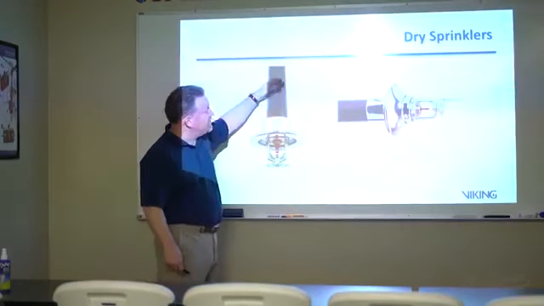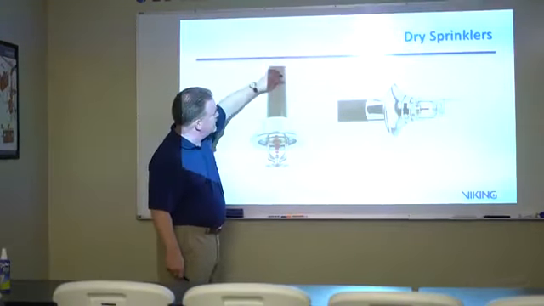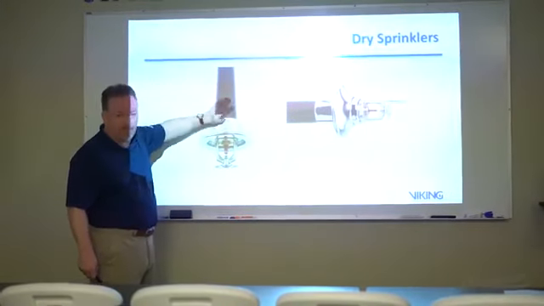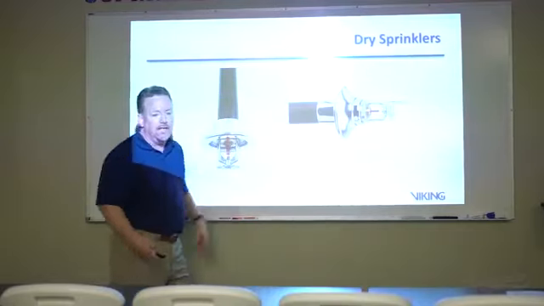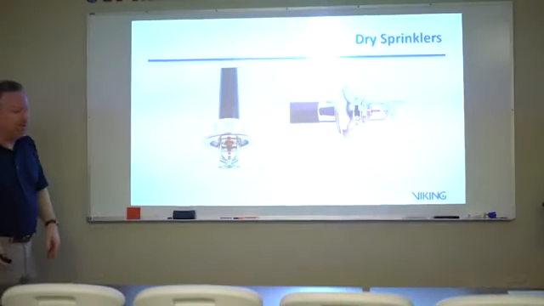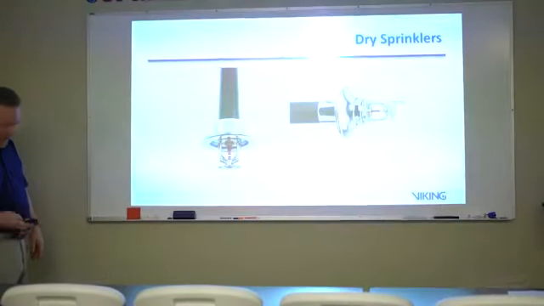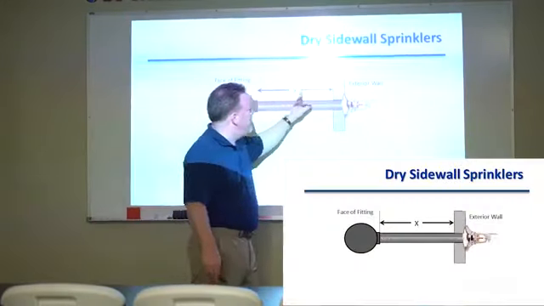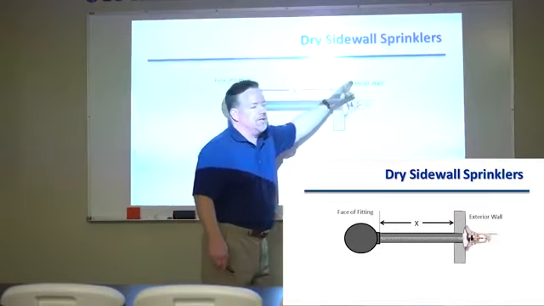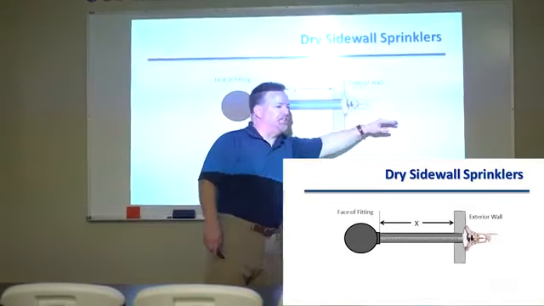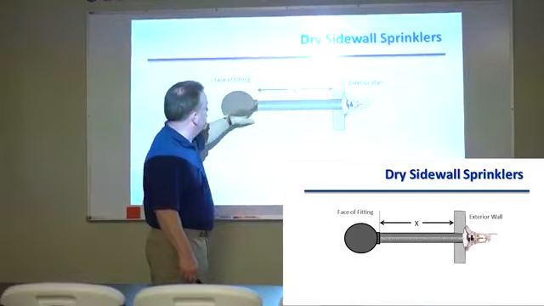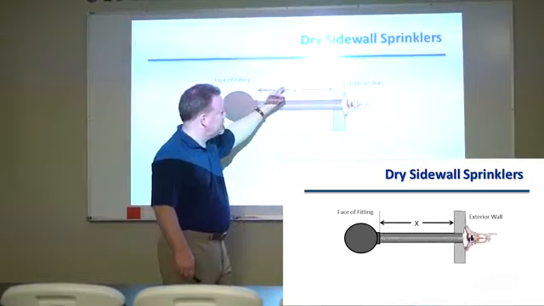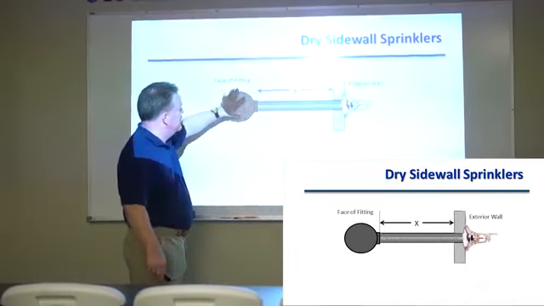So basically, what this does is there's no water in this. This is a dry pipe or dry sidewall into that particular space. Basically you have to measure, it's either the exterior wall or the wall of the cooler freezer, from the face of the fitting, we need to be able to separate this from the water.